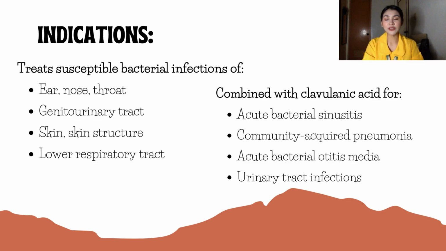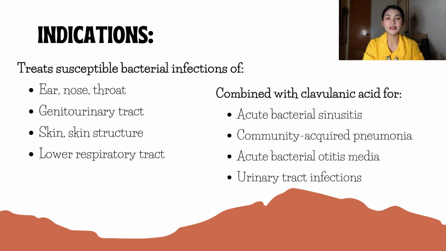Now we'll proceed to the indications of amoxicillin. It is proven to treat susceptible bacterial infections of the ears, nose, throat, genitourinary tract, the skin and skin structure, and the lower respiratory tract. Amoxicillin is also combined with clavulanic acid, which is like a bodyguard for antibiotics because it helps antibiotics work better by stopping the bacteria from breaking them down.